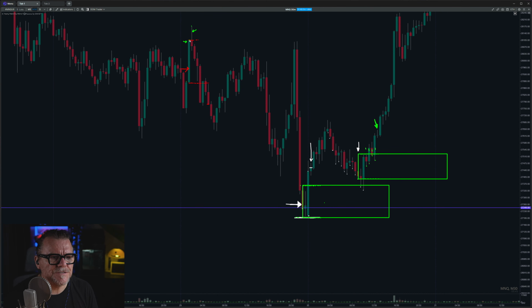So this turns into order block, and at the moment of returning to the area, I mean here, yeah, you can trade the downtrend.